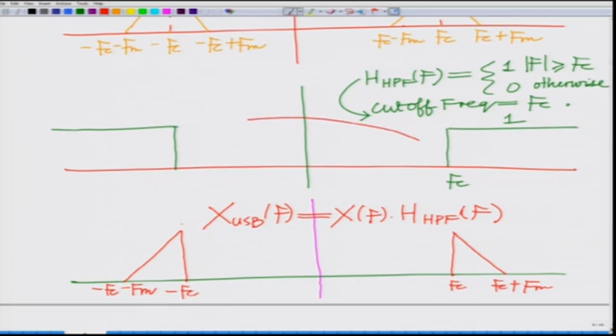And notice that this is an ideal high pass filter, which means it has gain exactly unity for all frequencies greater than Fc, and it has a sharp cutoff at Fc, and for all frequencies between minus Fc and Fc, the gain is 0.